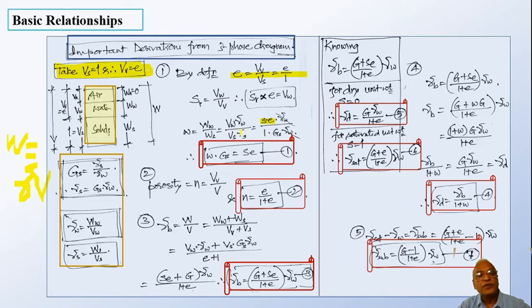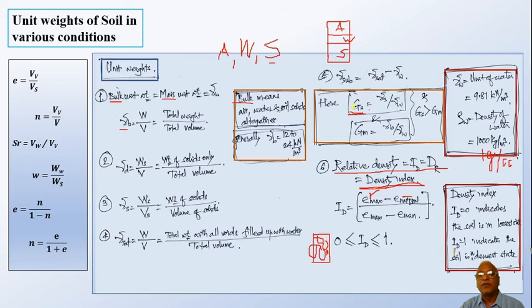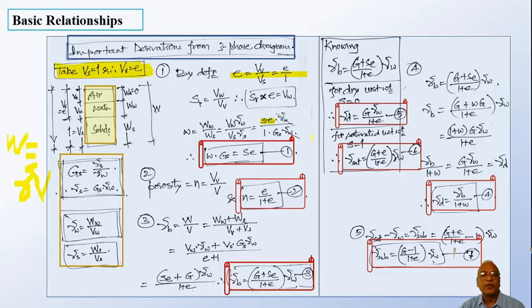Now unit weight of solids can be written as Gs into gamma W by the definition of Gs, specific gravity. Hence, gamma S can be replaced as Gs into gamma W. In the last slide, we have seen that. Here, we have Gs is equal to gamma S by gamma W. So, gamma S can be always substituted as Gs gamma W.